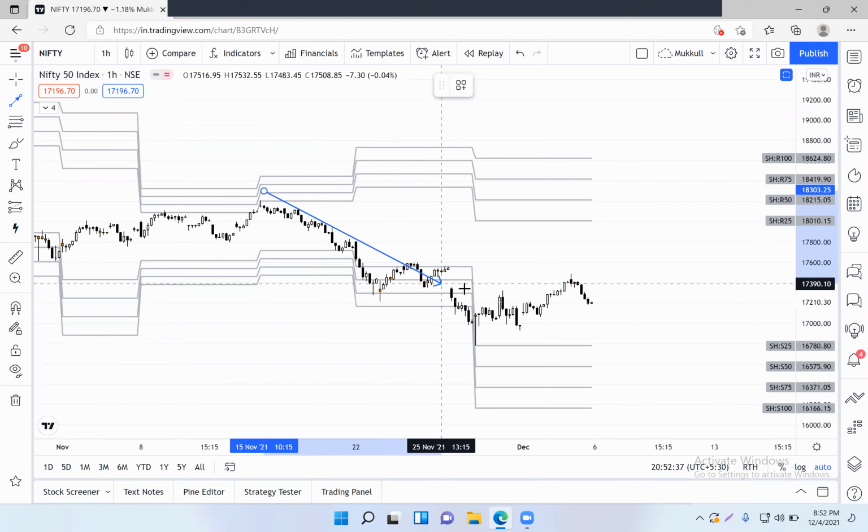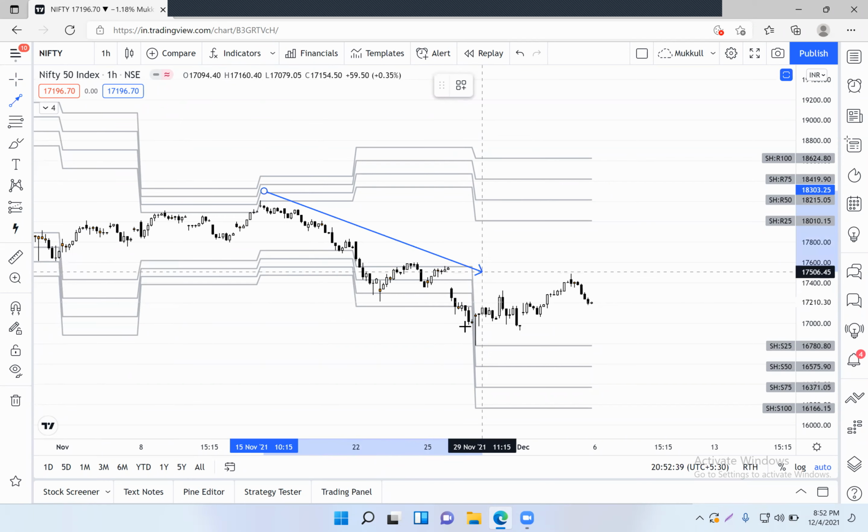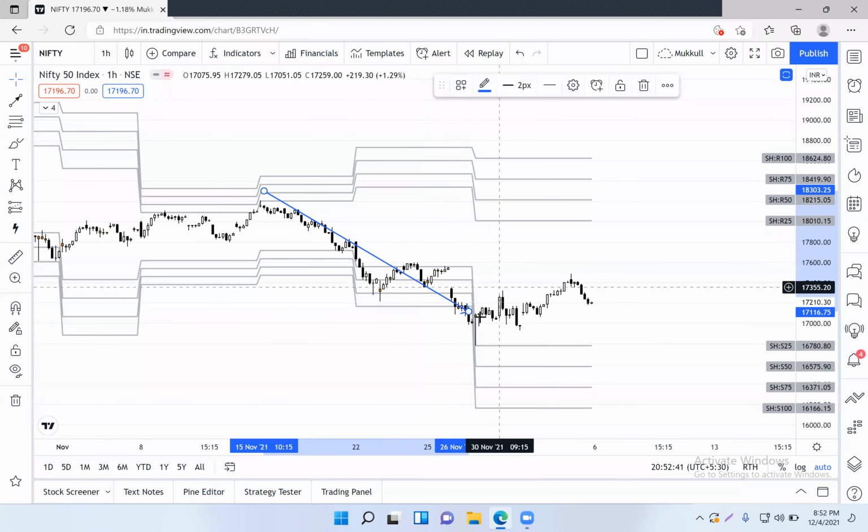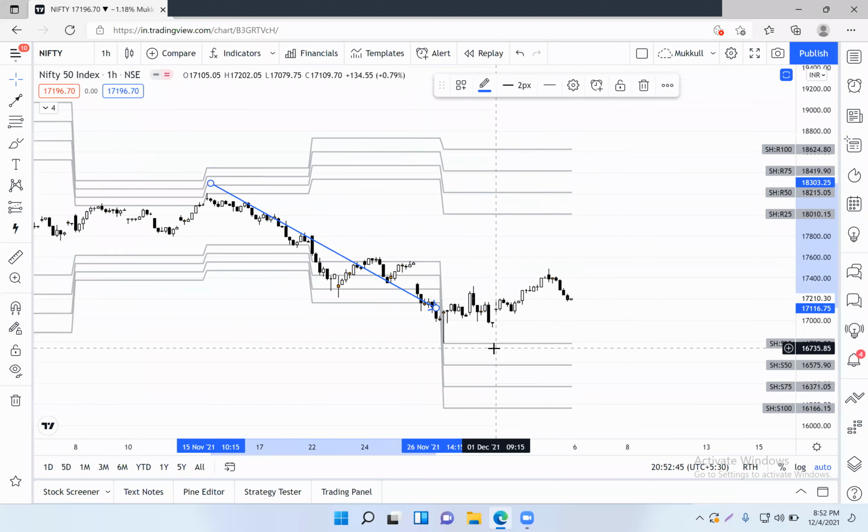Here you can see Nifty is down from 2 days. Okay. Now, if you see, इधर क्या हुआ?